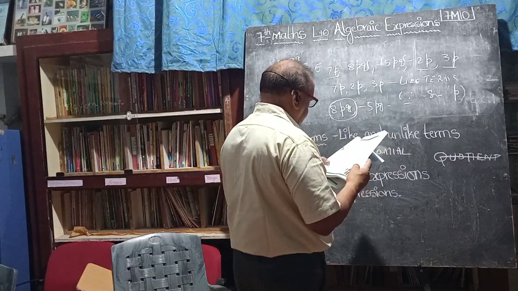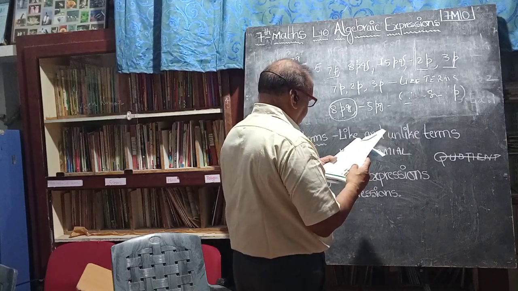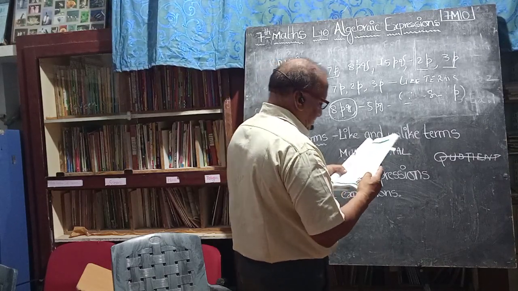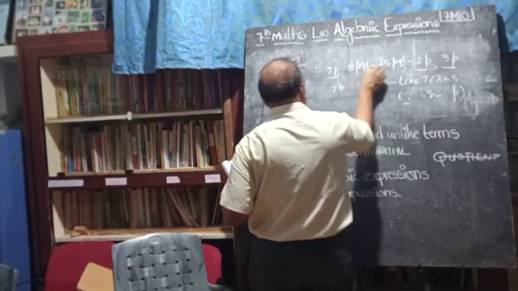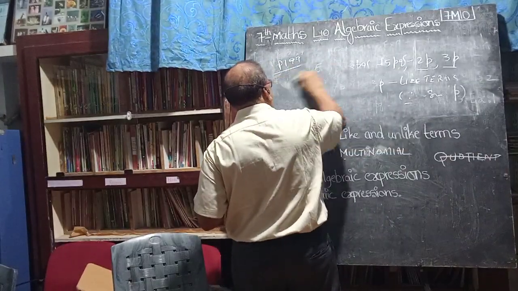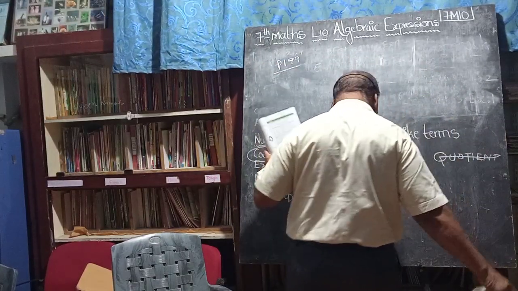Now let me see what is the degree of each of the monomials. Find the degree of the algebraic expression. This is the same page number, but the problem number is slightly different.